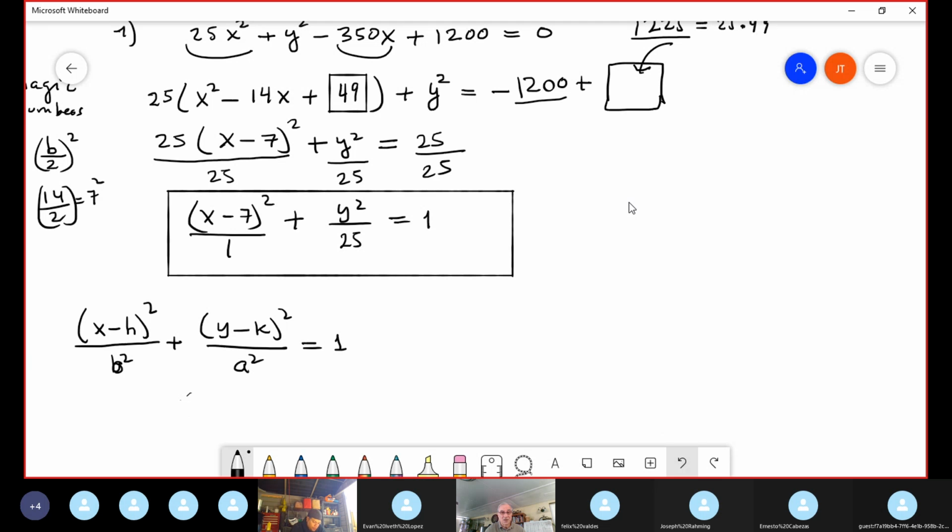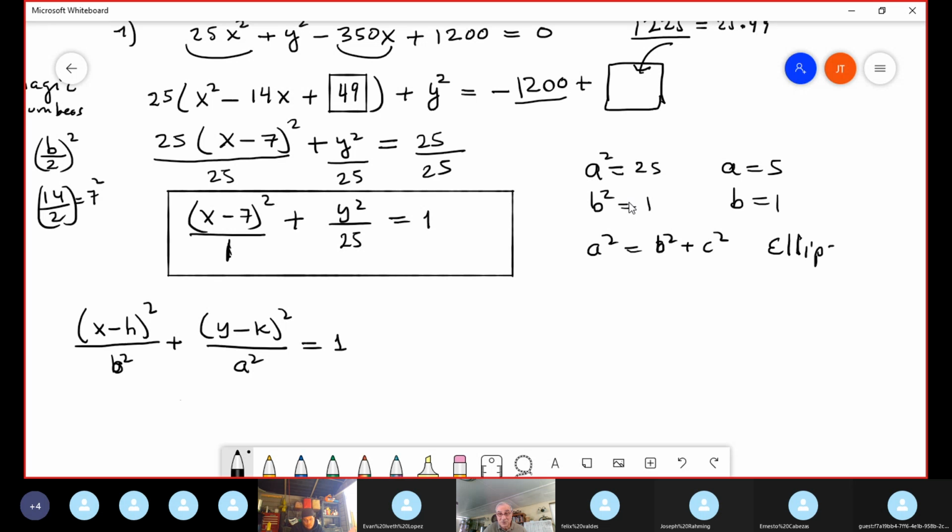So who is a? Well, a squared is 25. Therefore, a is 5. B squared is 1, so b is 1. And c, well, we find it from the formula. The formula is a squared equals b squared plus c squared. This is the formula specific for the ellipse.